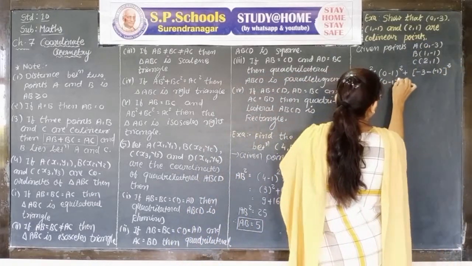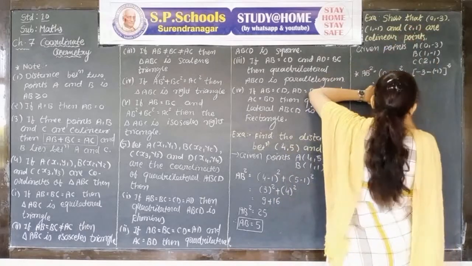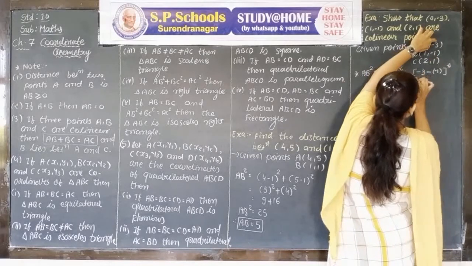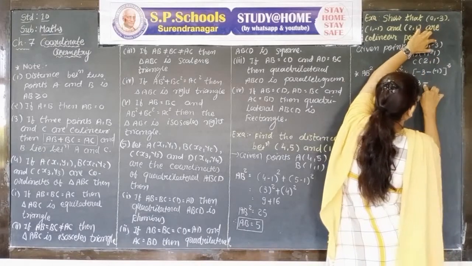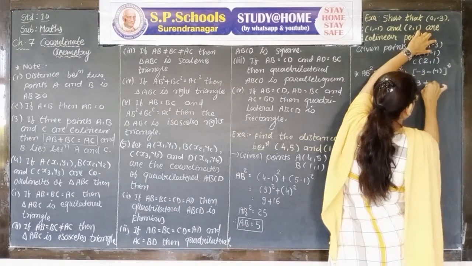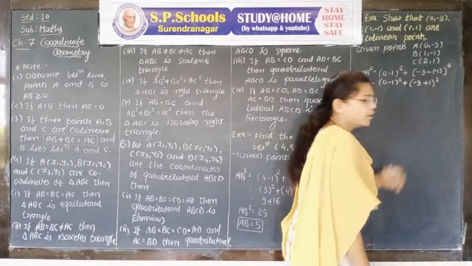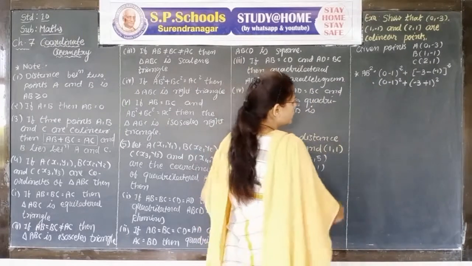See how. Difference of x coordinates and square, compulsory plus, difference of these 2 points, minus 3, compulsory minus, it is minus 1, the minus becomes a plus 1 because minus minus is plus. It is the simplified form of our square bracket.